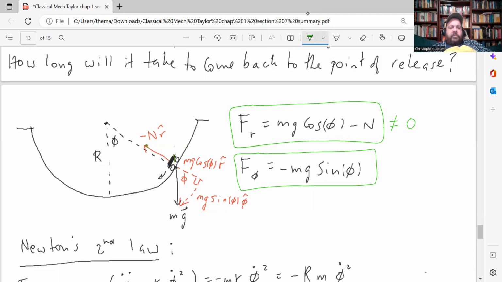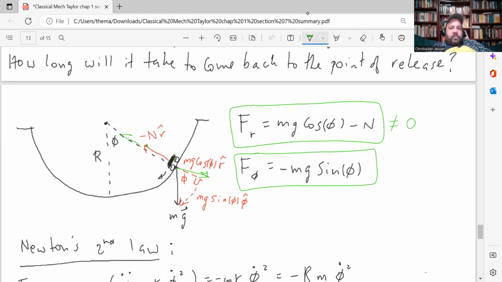The normal force does have a component that's not just in this direction, right? There should be a force pointing in such a way that, how do I say this? You have to have that centripetal force, right?